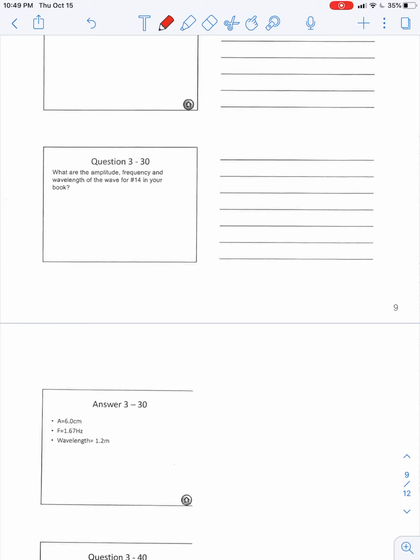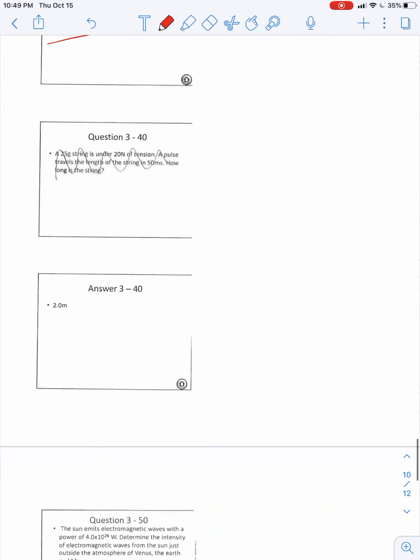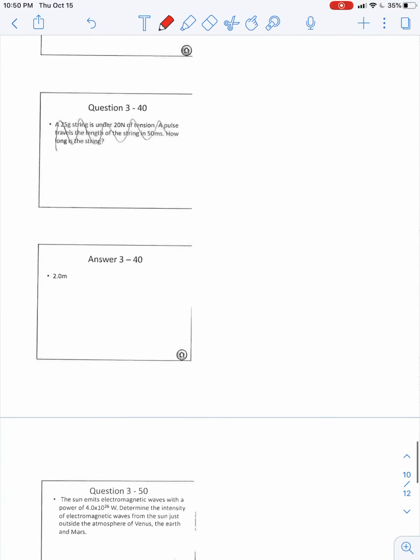And then it says what's the amplitude, frequency, and wavelength of the wave for number 14. So, again, I don't have the book here, but it gives all of that information right here. If you have a question on that, let me know.